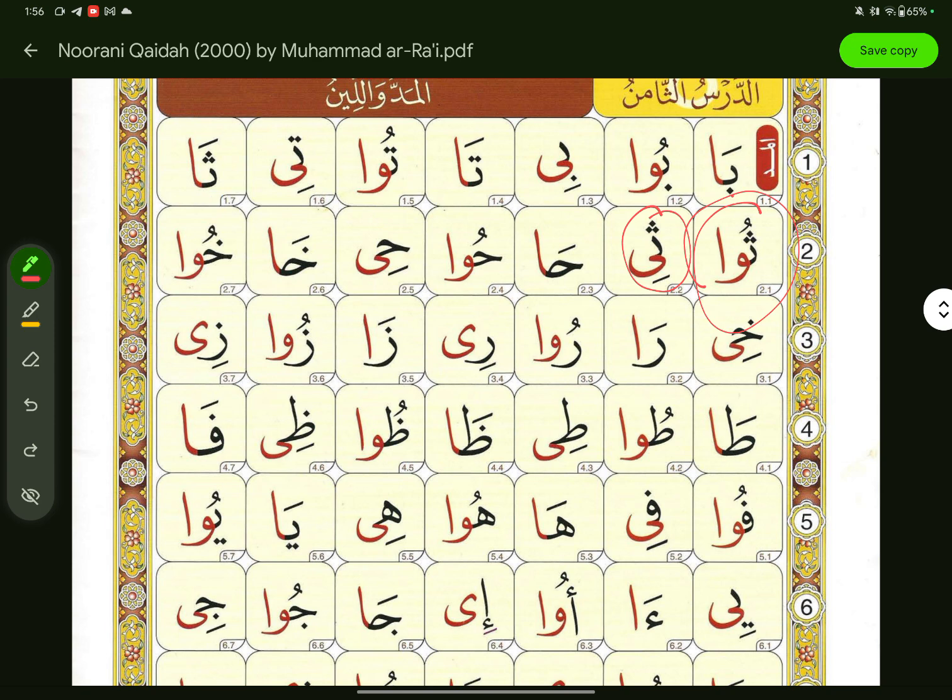So a tha with a kasra is thi, right? So you're going to elongate that. That's what you're doing. That's it, right? Try this one here. No, there's no dots on it. Jim would have a dot. Ha. All right. Try this one here.